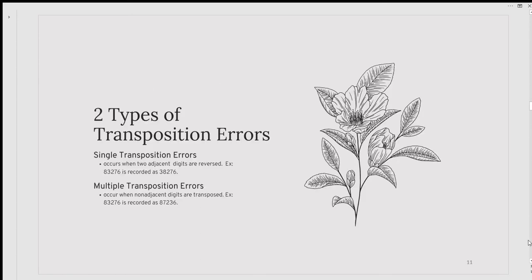Next is, so merong two types of transposition errors, and that is the single transposition error and the multiple transposition error. So yung single transposition error naman, nag-a-appear pagka yung dalawang magkatabi na digit ay na-reverse. So yung example natin kanina na 83276, pag bigla siyang na-record ng 38276, ibig sabihin nun, merong single transposition error kasi yung 8 at 3 nagkabaliktad sila ng position.